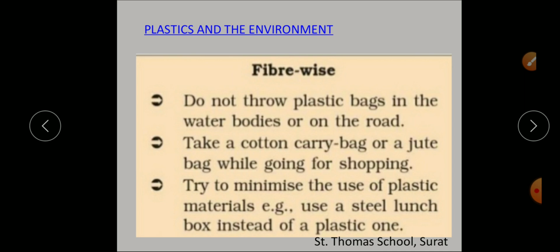So students, you just go through your chapter, read this chapter once again. If you have any problems regarding this chapter, you can ask me. Okay, then in the first video I had given you the homework, that is question number 2 and 3 to do in your workbook.